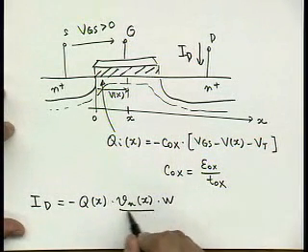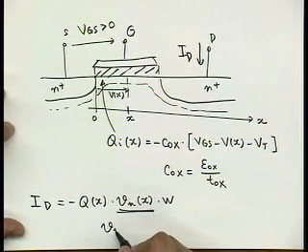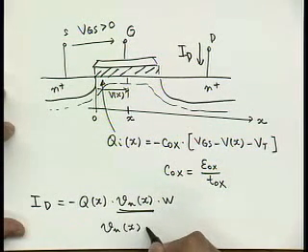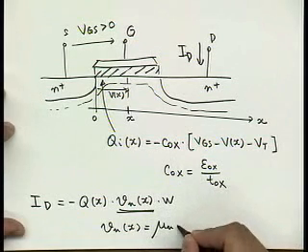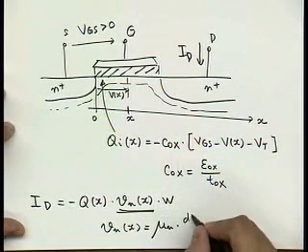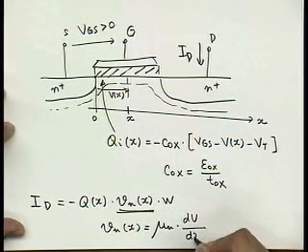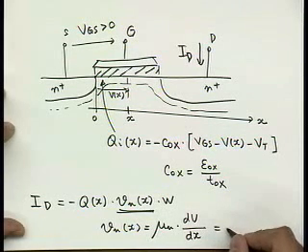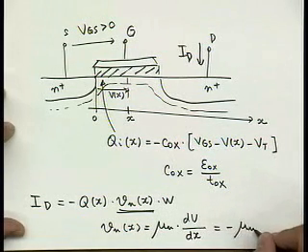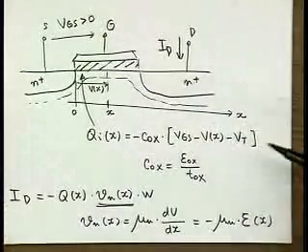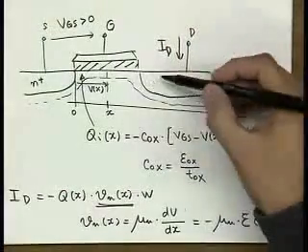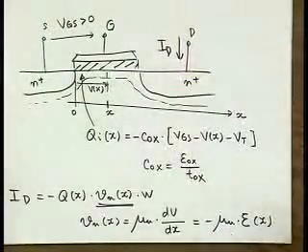And this velocity parameter here is given simply as mobility and electric field, dV over dx. That's minus mobility times electric field at this point x, and you have electric field going from drain to source, so you have a minus sign over here.